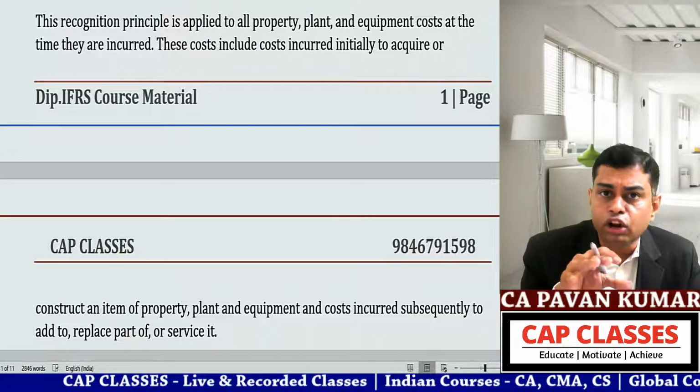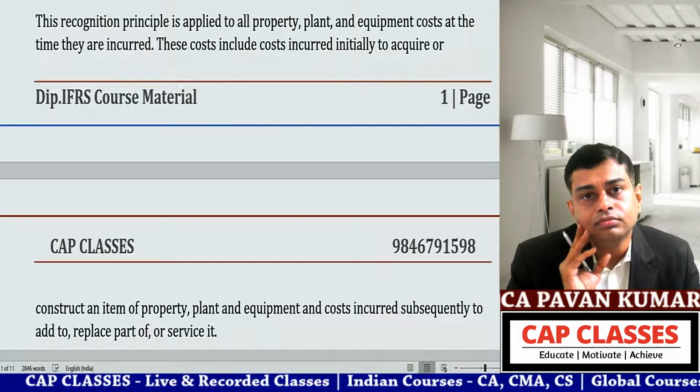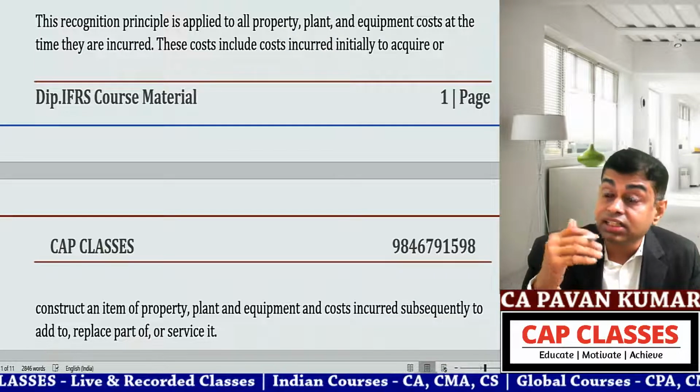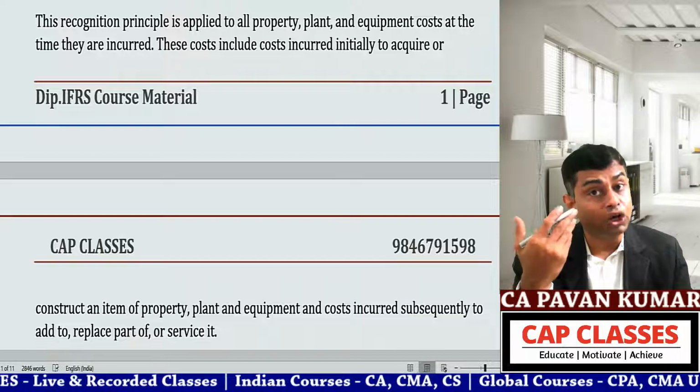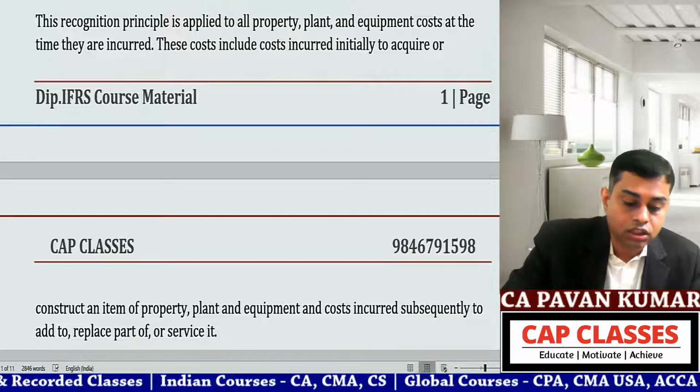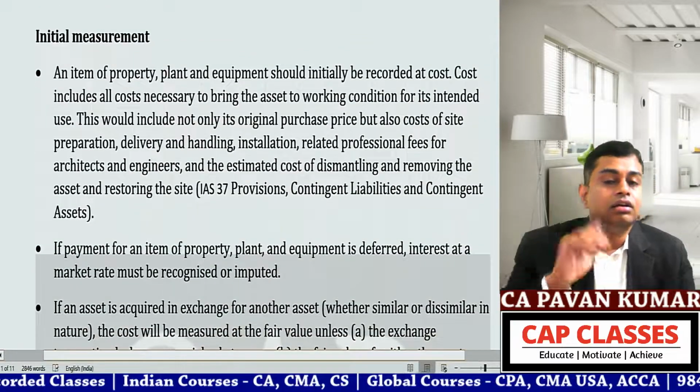Day-to-day service, regular service, you should charge to P&L. Regular service, repairs and maintenance you cannot capitalize. There are certain servicing costs, certain overhaul costs which can be capitalized. That we'll see later. So this is basically the first one.